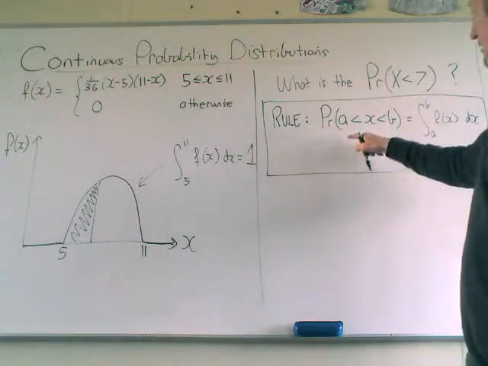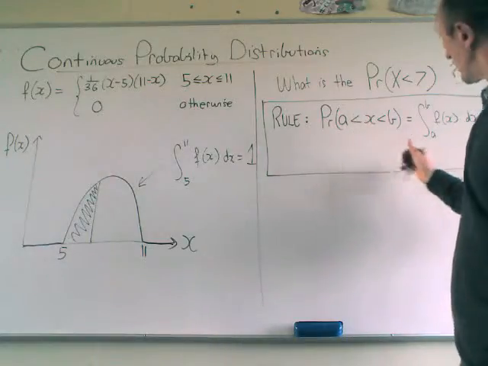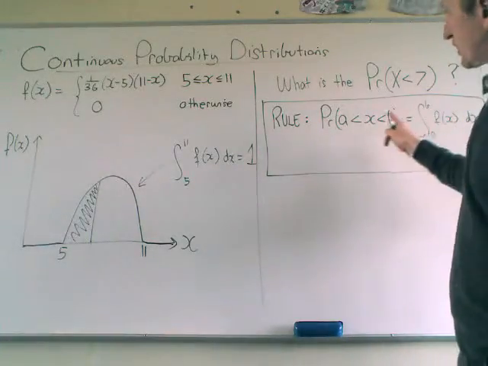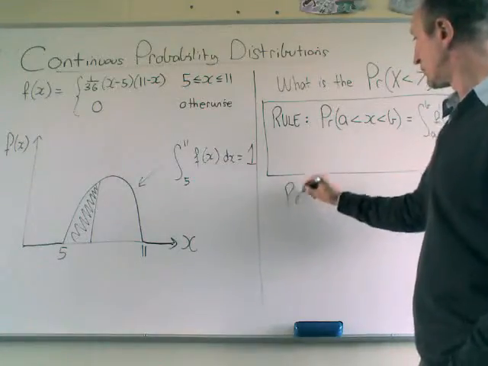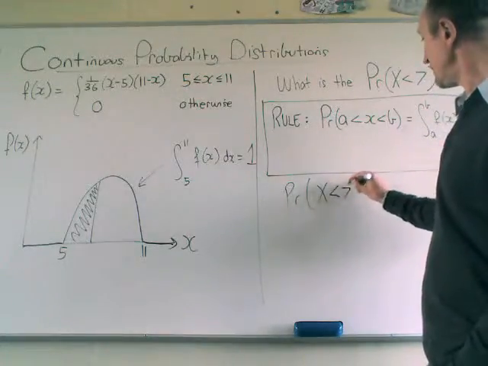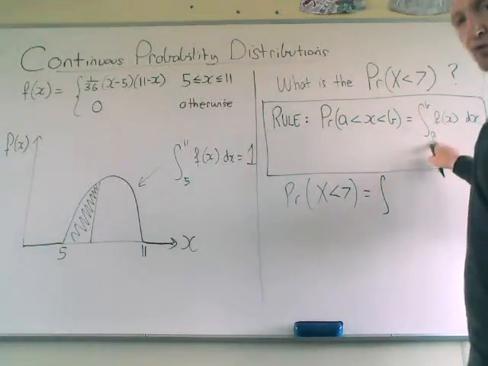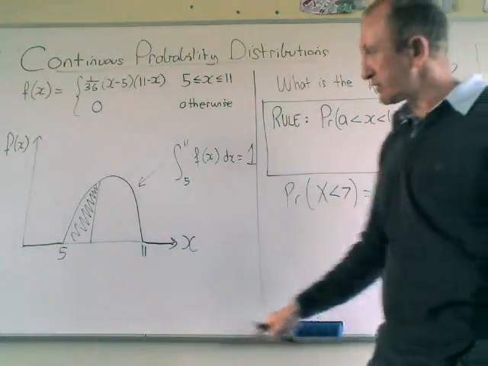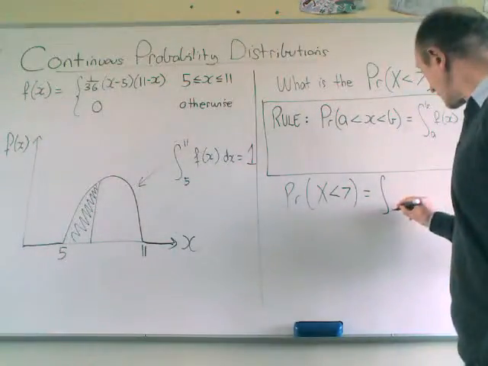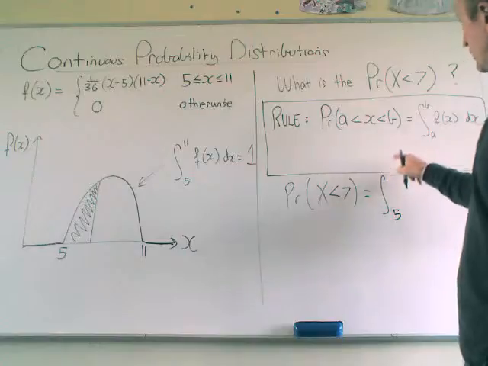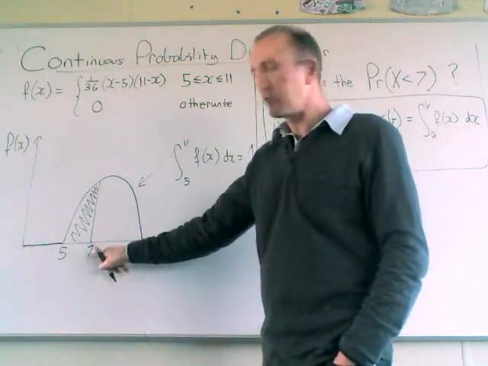The rule is that to find the probability between two numbers, we find the area under the curve. For this example, we want the probability of x being less than 7. The lower terminal: this distribution only exists from 5, so the lower terminal is 5. The upper terminal, because we're looking for x less than 7, is going to be 7.